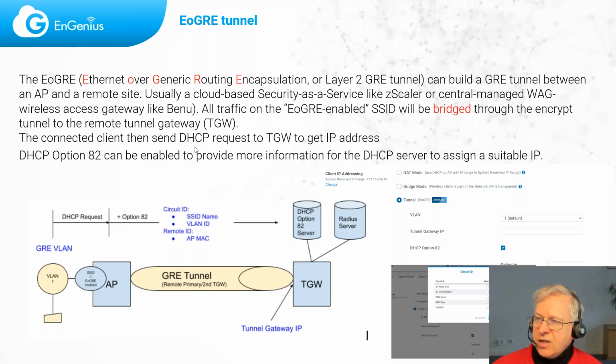It will also support DHCP option 82, which will enable the AP to add some information to the DHCP message. So you get the DHCP request from the client, and then the AP will insert some additional information using DHCP option 82, and that additional information can be used by the DHCP server to supply the client with an IP address.